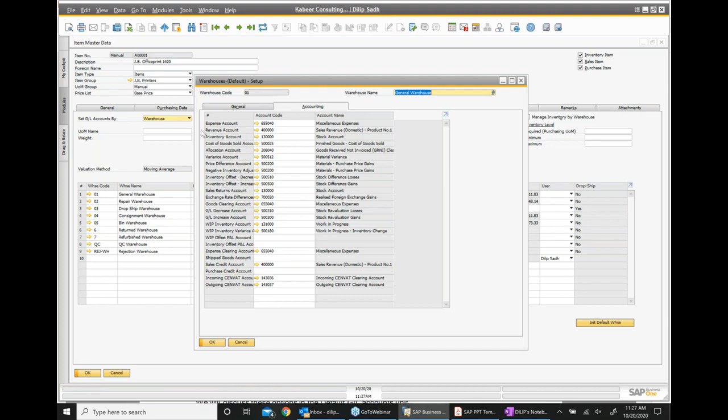My revenue account is 40000. That is how you have multiple different choices to do account determination automatically in the SAP system.